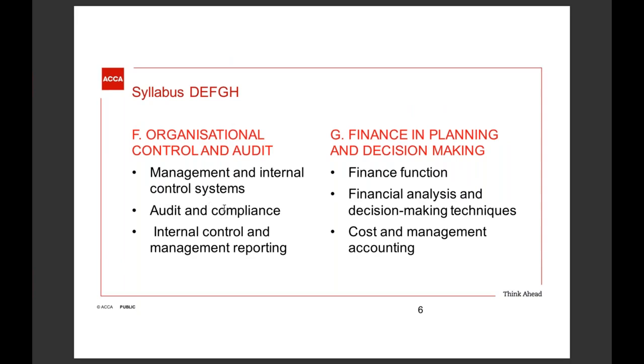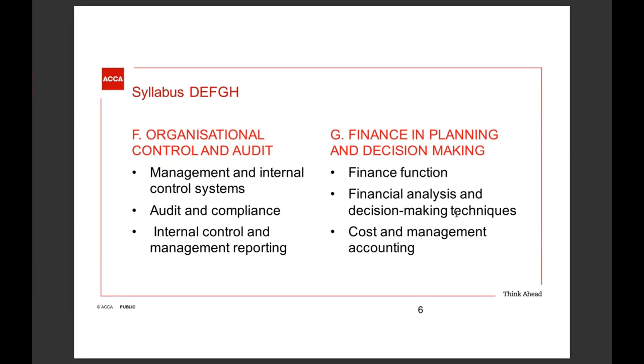And under F, you'll be covering organizational control and audit. These are the elements inside. And then under G, here you have finance in planning and decision making. This is what you will have under that.